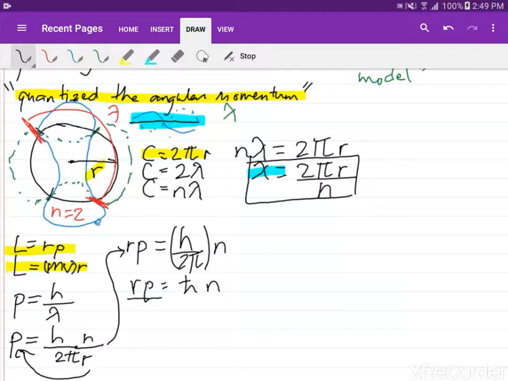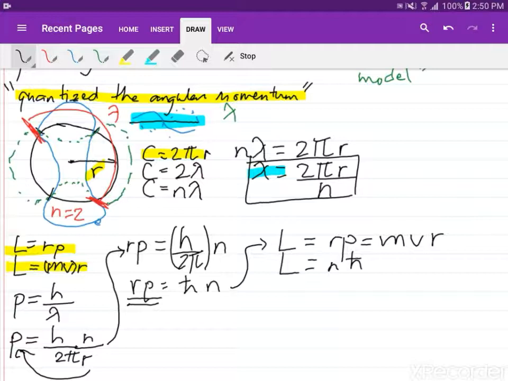But rp is also the classical angular momentum, L. So now we have a relationship L equals rp equals mvr, and we also know that the angular momentum is n times h bar.